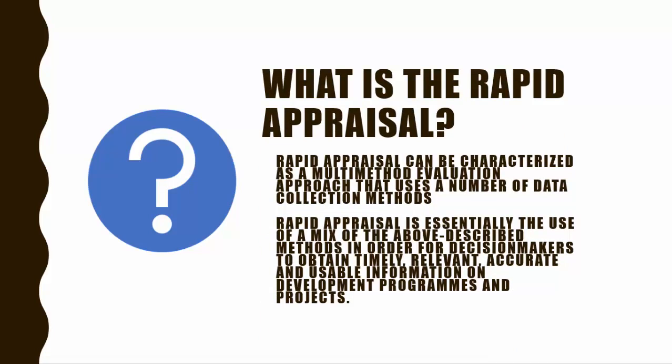Rapid appraisal can be characterized as a multi-method evaluation approach that uses a number of data collection methods. Rapid appraisal is essentially the use of a mix of the above described methods in order for decision makers to obtain timely, relevant, accurate, and usable information on development programs and projects. So that is what the rapid appraisal evaluation method is.